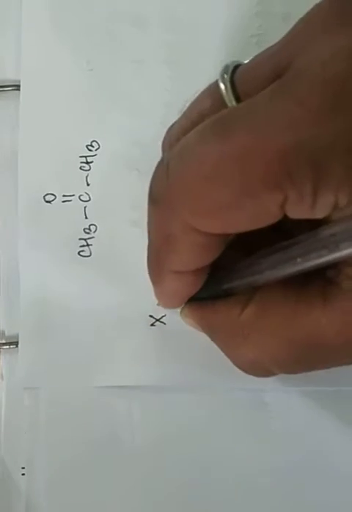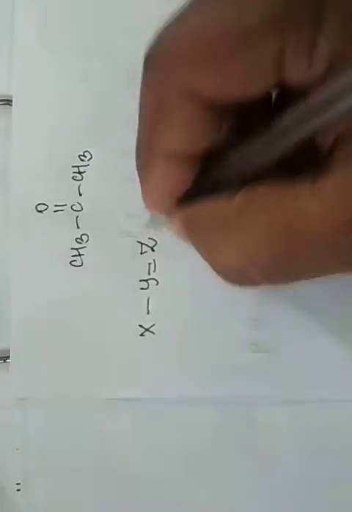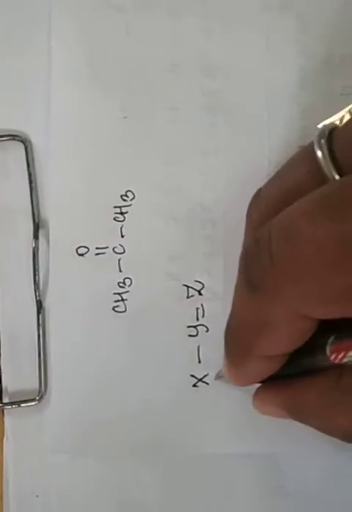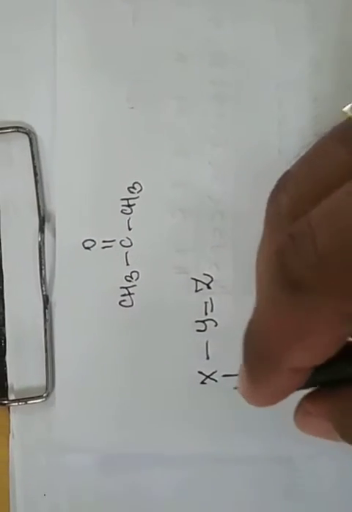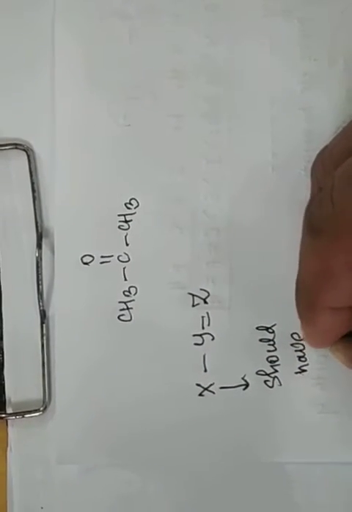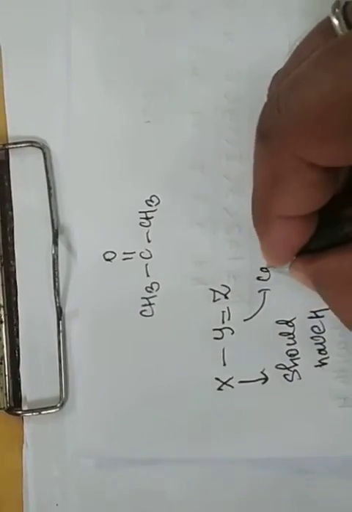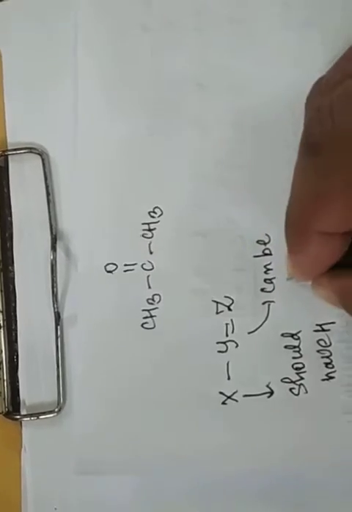Just learn that X single bond Y double bond Z. X should have hydrogen, and Y can be any atom, with a double bond.